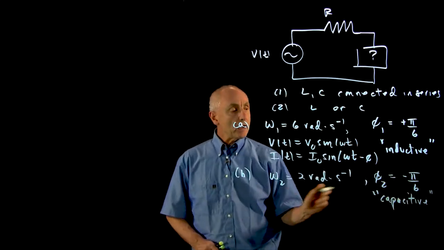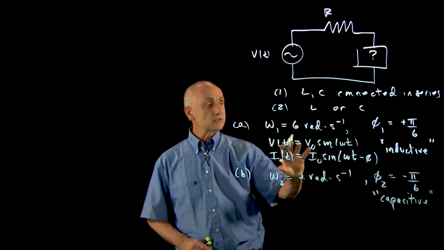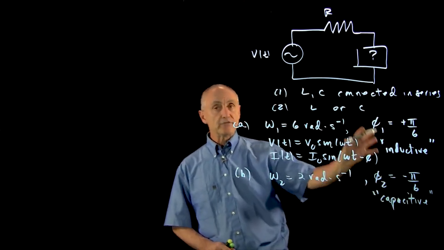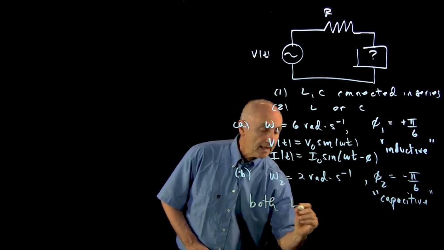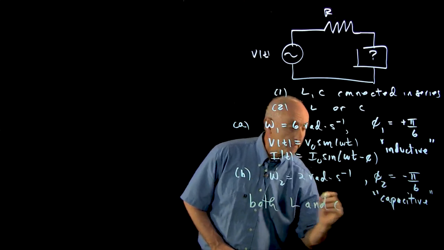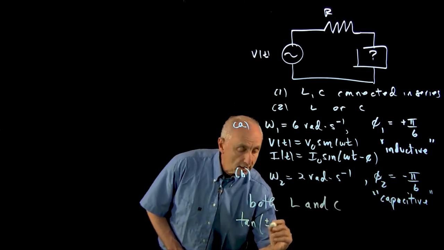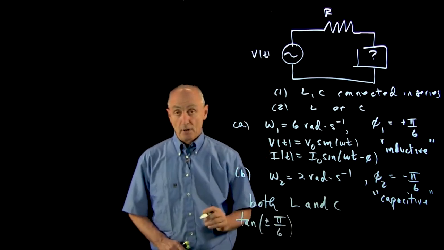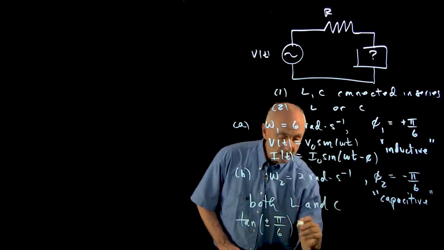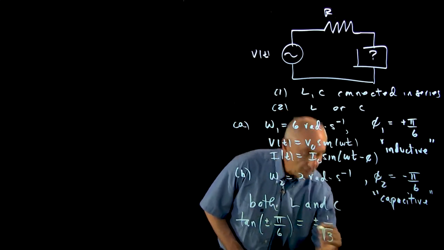Now, right away, that tells me that if I have these two measurements and the phase is going from a negative value to a positive value, I must have both L and C. And let's just keep a little trig identity in mind: the tangent of 30 degrees, that's pi over 6, plus or minus, is plus or minus 1 over root 3.